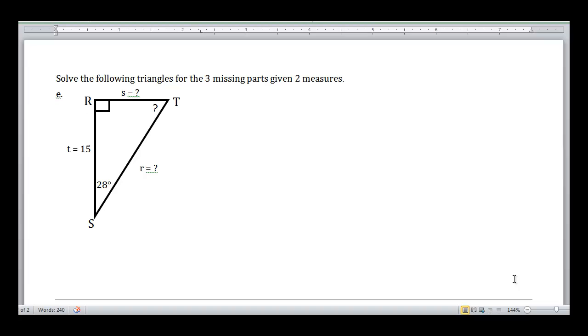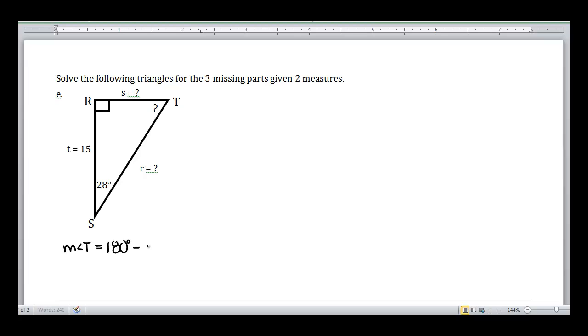Next, we want to be able to solve triangles for 3 missing parts given an acute angle measure and a side length. The 3 missing parts we need to find are the other acute angle and the other 2 sides. So let's start with finding the missing acute angle. If you recall, we said that the 3 angles of a triangle are going to total 180 degrees.